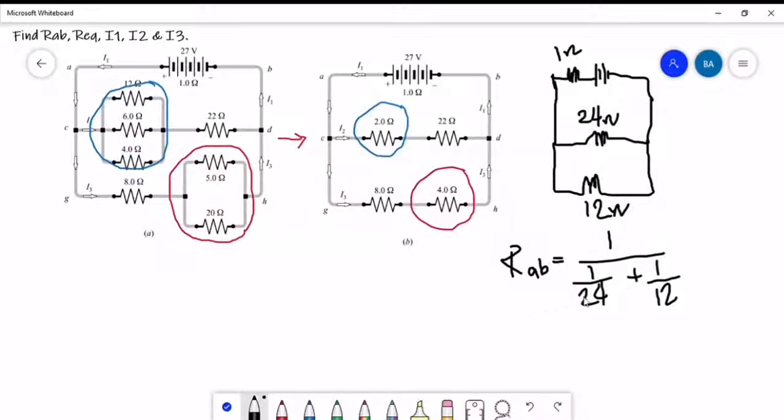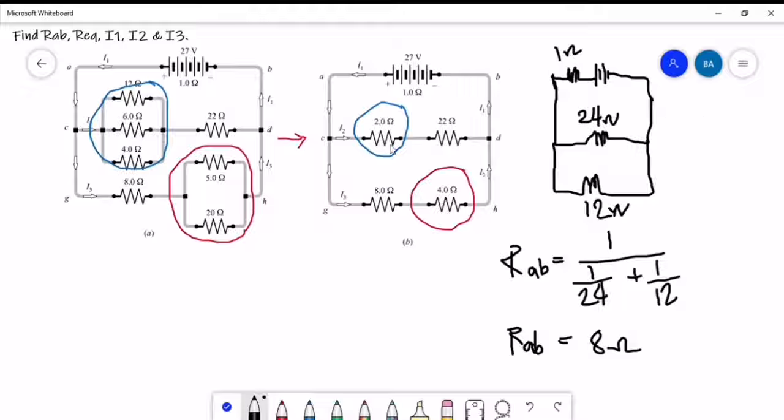If you use your calculator, our RAB will be equal to 8 ohms. Again, our RAB is the circuit here, so the internal resistance is not yet included.